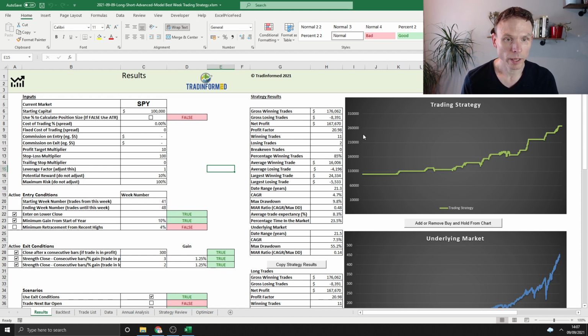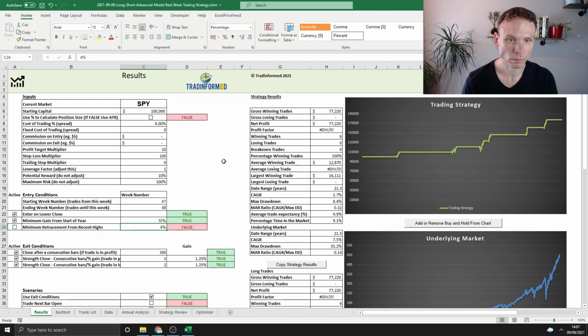You can see, okay, we have a lower net profit. That's to be expected. But percentage winning trades, I'm going to check it on and off again. You can see it's actually slightly higher. So we are losing some trades. We've got a smaller sample size. That's always important to be aware of. So I can put this up to 15% or even 20%.